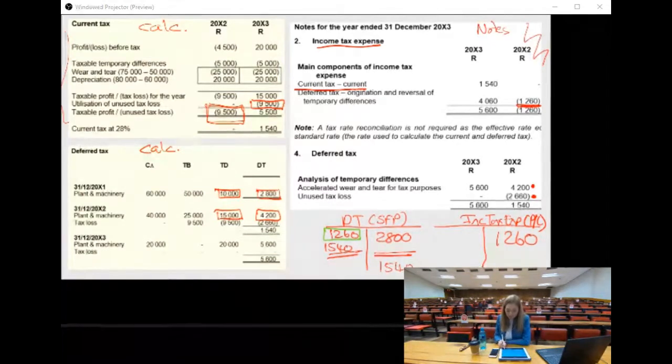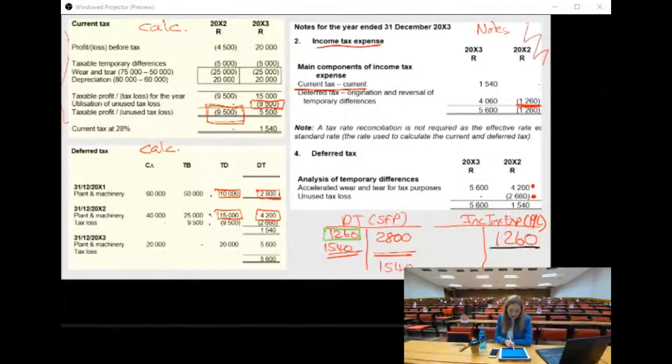So effectively what happens is this 1260 over here, this 1260 in my income tax expense, actually consists of, if we had to do our deferred tax calc, but our GL entries or general journal entries per item in our deferred tax calc, then what we would have had is a movement from 2,800 liability to 4,200 liability.